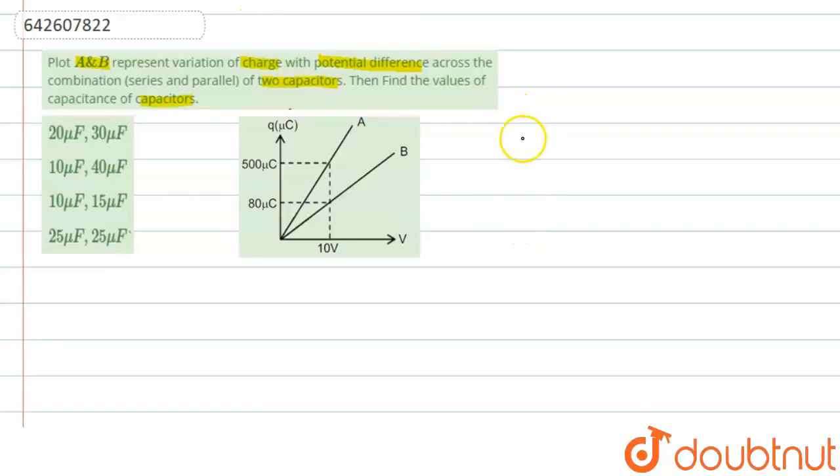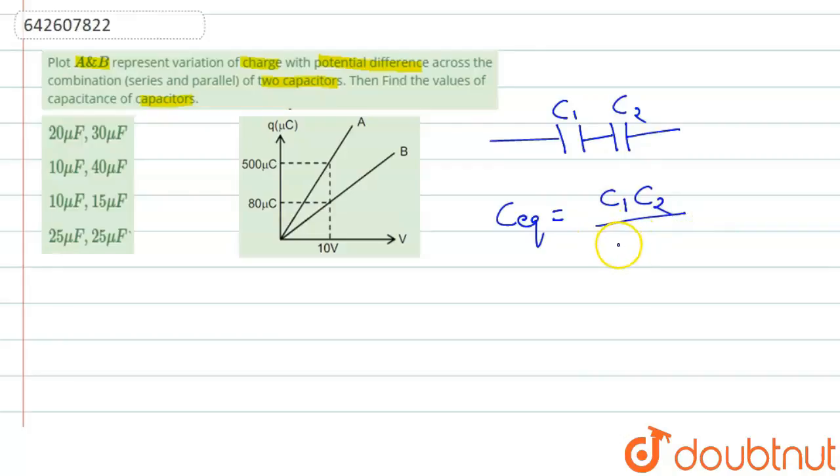Okay, let's consider the series combination first. If the capacitors are connected in series, let's say this is C1 and this is C2, so C equivalent will be equal to C1 into C2 divided by C1 plus C2.